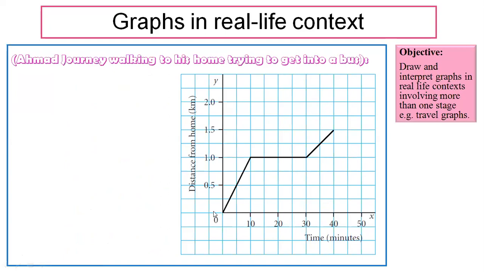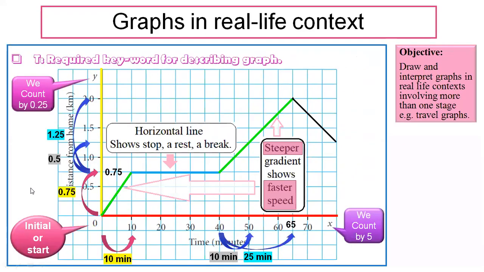Again, Jana, please. The horizontal line, could it mean that it's going at a constant speed, or does it always mean that it's resting? If we're talking about distance here, that means no, it's resting. But later on, when you have a graph with speed on the y-axis, not distance, the horizontal line means constant speed.